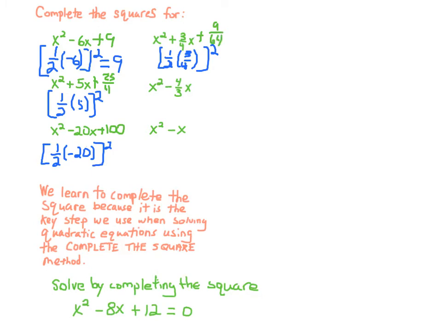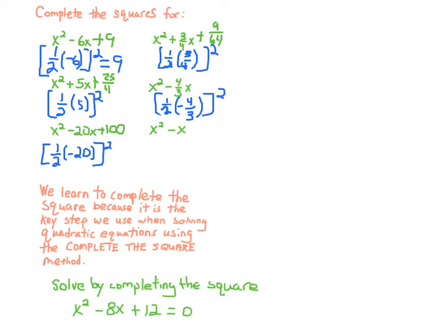Next one I have minus 4/3 x. So I'm going to take 1/2 times -4/3 and square that.